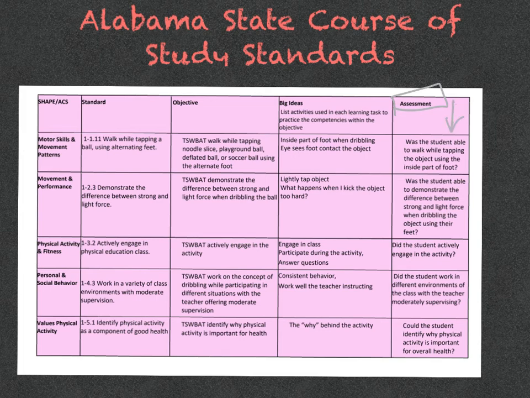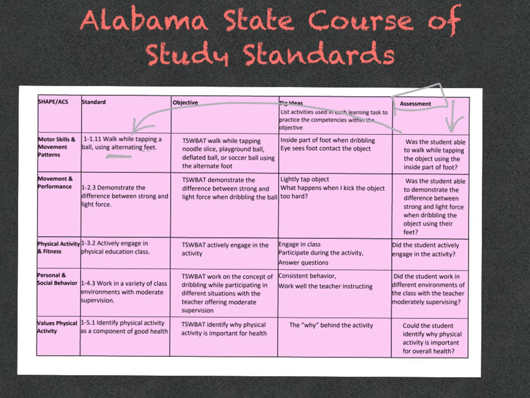Now, finally, we're going to talk about this assessment section. And there are a few more sections on the lesson plan that deal with assessment. So this is just the basic assessment of each of the standards. These are just basic questions that you need to be asking yourself while you're concentrating on this. And it's basically a question that directly goes back to the standard.